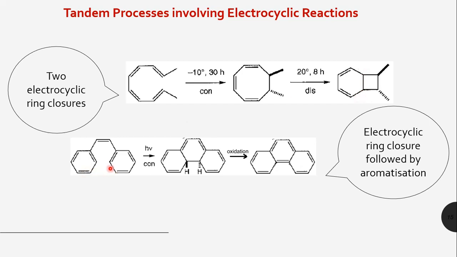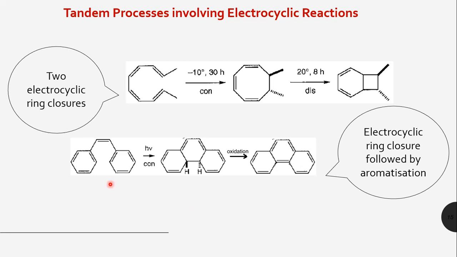You could also have a diphenyl ethylene molecule. On irradiation, it undergoes cyclization by a conrotation. This could be then oxidized and you end up with an aromatic product. So by using several pericyclic reactions, it is possible to do the synthesis of simple, useful molecules.